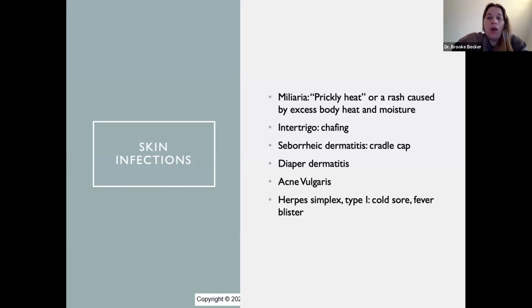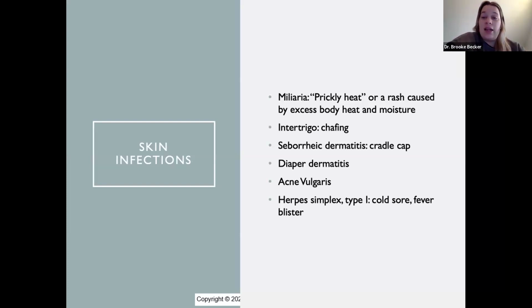Seborrheic dermatitis. Most of you have probably heard of cradle cap. So that's on their scalp, but it can also be on their ears and come down to their forehead. With seborrheic dermatitis, you want to make sure parents are not putting things like olive oil or coconut oil on that area, just because those can potentially block those pores worse.